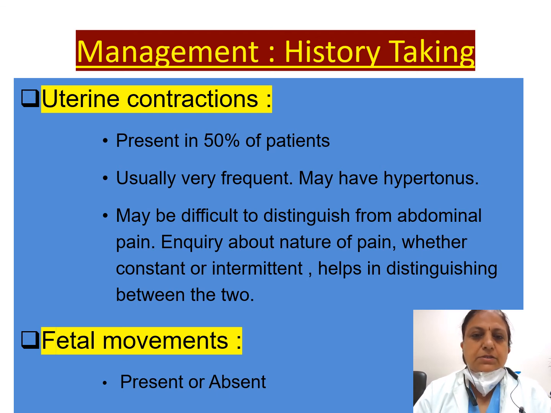Uterine contractions are present usually in 50% of the patients, usually very frequent, may be hypertonus, and it may be difficult to distinguish from abdominal pain. Inquire about the nature of pain, whether constant or intermittent. It helps in differentiating between the two. Then fetal movements are present or absent.